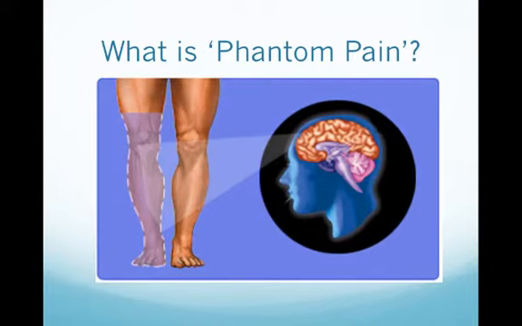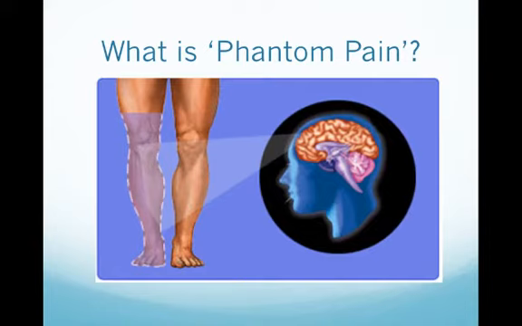So between 50 to 90% of amputees experience phantom pain within the first few weeks of the amputation occurring. And the origin of this phenomenon is still unclear. However, research suggests that peripheral factors and central nervous system changes are involved.